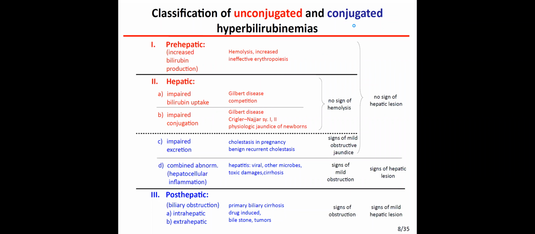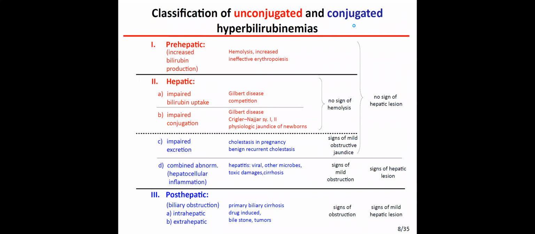In prehepatic, mostly we do have hemolysis or ineffective erythropoiesis, happening during the erythropoiesis, for example, B12 deficiency or folate deficiency. In uptake, Gilbert disease, or when we do have the absence of the glucuronide conjugase activity, the total one, the homozygosity for the Crigler-Najjar syndrome, that's the lethal one.